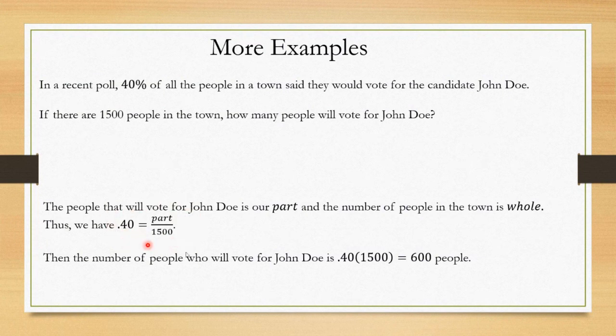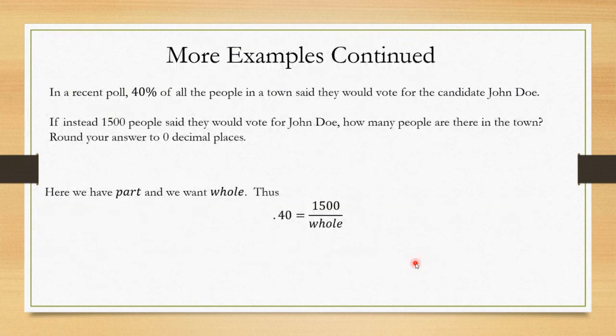Just like before, what do we do? Cross multiply. You multiply by 1,500. Doing so, you're going to get 0.40 times 1,500 is part, which is 600 people. Right, so that's another example where percents come up.